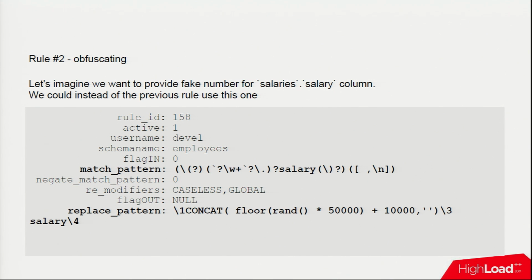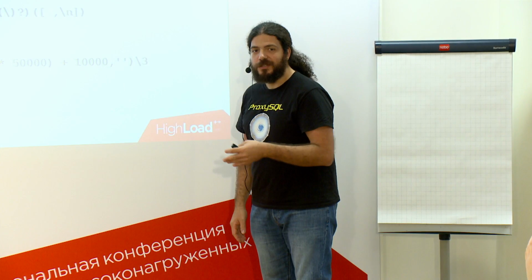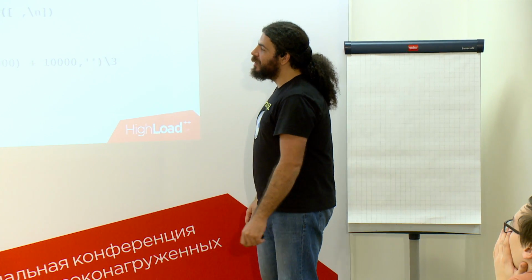And instead of replacing the salary with the first 2 digits of the salary, because you cannot do this unless you convert the salary to a string, and probably you don't want to get the first 2 digits of the salary, because depending on the salary range, you can actually understand pretty much what the salary is. I mean, maybe nobody cares about the last 3 digits of the salary. The first 2 are what is relevant.